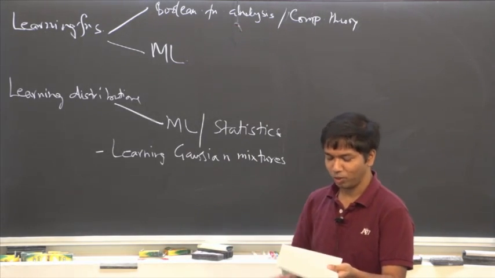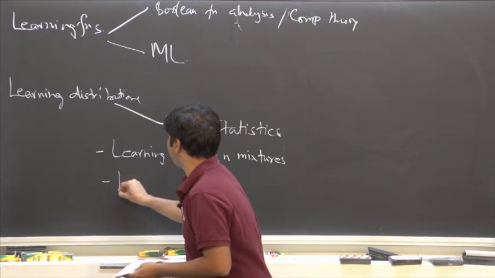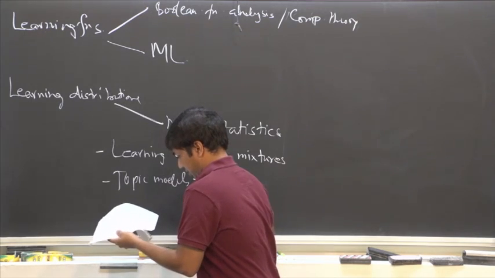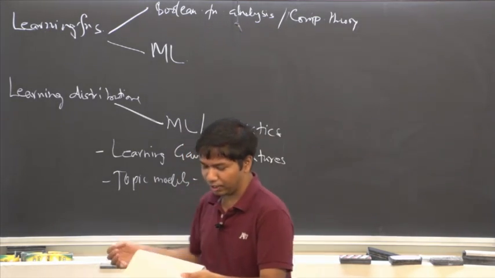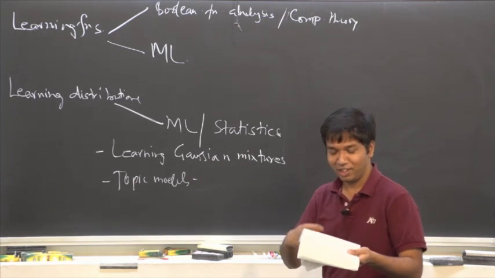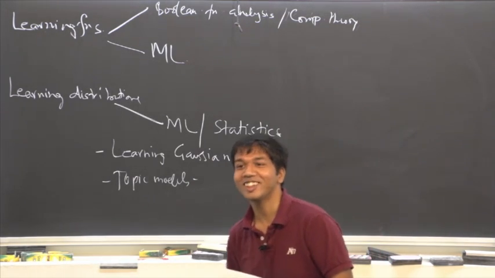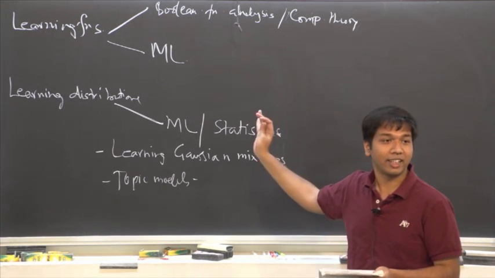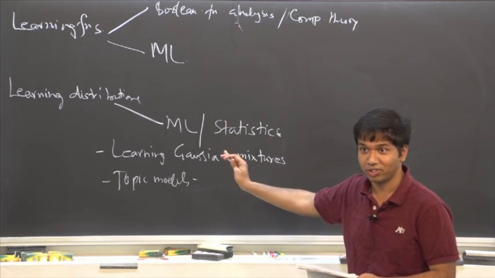I'm not naming all the authors. There's also work on topic models, by Arora, Kannan, Moitra, and others, and on population recovery. And of course, I'm not even mentioning the tons of work in statistics on learning distributions.